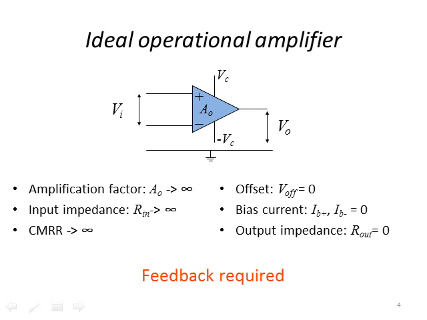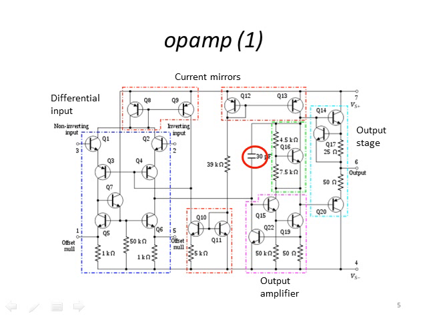The bias currents at the input terminals are 0, and the output impedance is 0 and not dependent on our load. And in these cases, for the ideal operational amplifier, feedback is required.